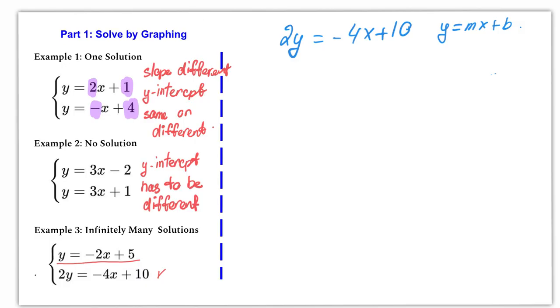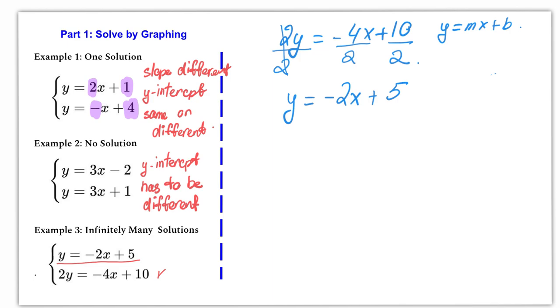So we have to solve for y, therefore we divide everything by 2. So that will be 1. y equals negative 2x plus 5. Okay, so our equation is written in y-intercept form. As you can see, that was very easy. And now we can start graphing.